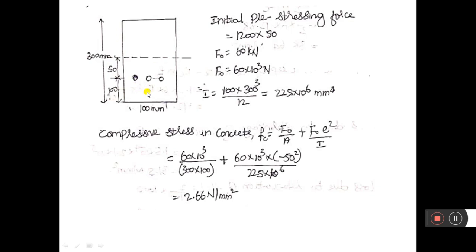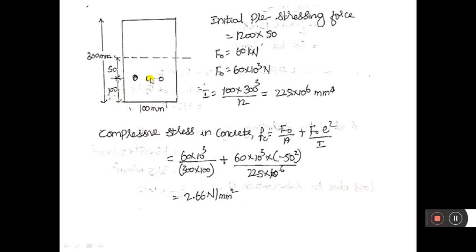It is given that three cables, 1, 2, 3, are located at a distance of 100 mm from the soffit of the beam. So this is the bottom of the beam or soffit of the beam. From the soffit, the cables are located at a distance of 100 mm.